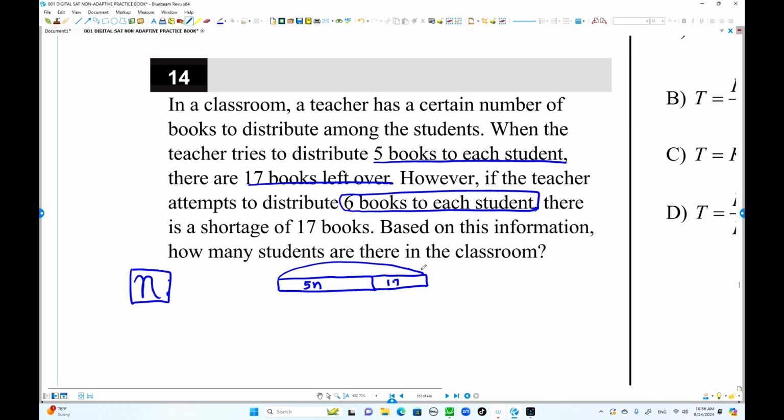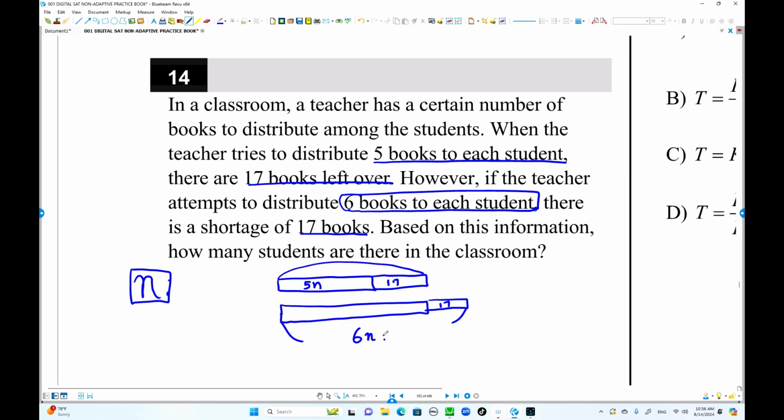Second one, 6 books to each student. We need 17 more books. For the same number of books, they give 6 to each student, but they need more. How many? 17 more again. This is 6 times the number of students, okay? That is the total number of books, right?